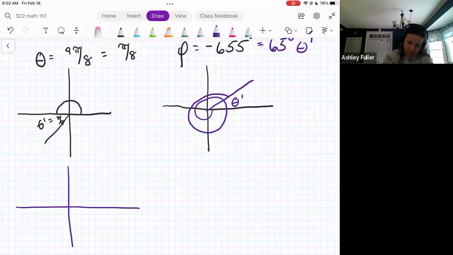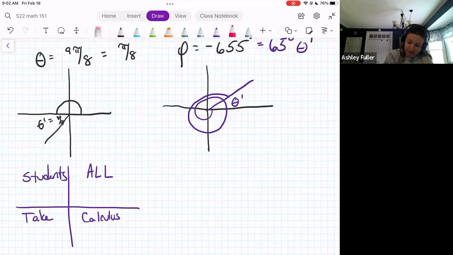What you can remember, if you look at the quadrants, is: all students take calculus. And what that helps you remember is all the trig functions are positive in the first quadrant.